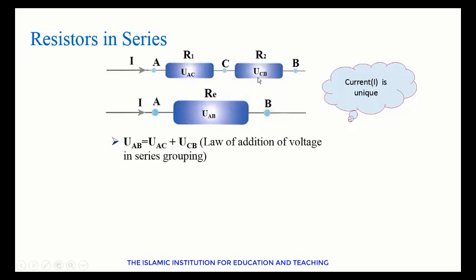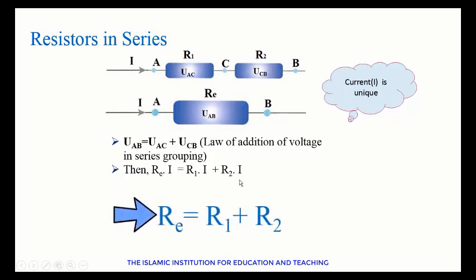We will substitute U by RI, then we will get UAB is equal to R equivalent times I, which is equal to UAC substituted by R1 times I plus UCB, which is equal to R2 times I. But since I is unique, then we can divide this by I, so we will get RE is equal to R1 plus R2.